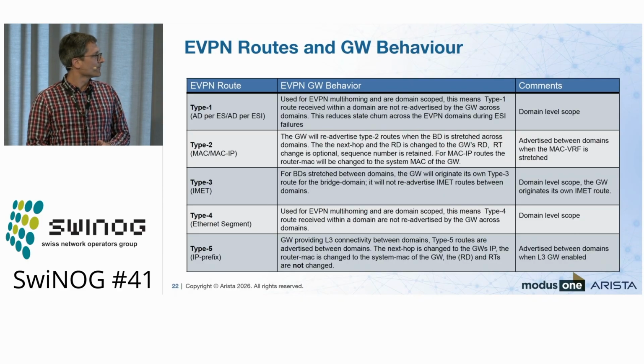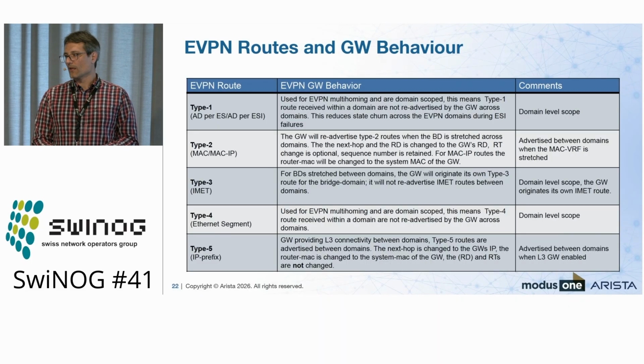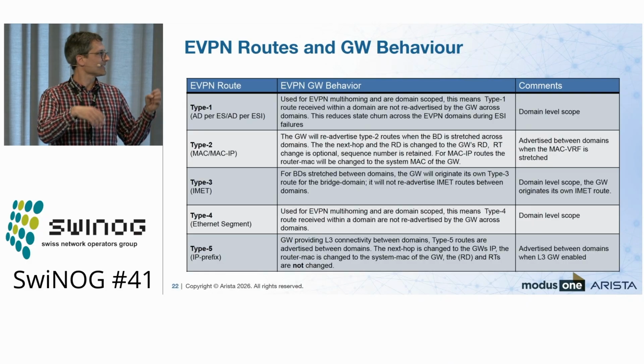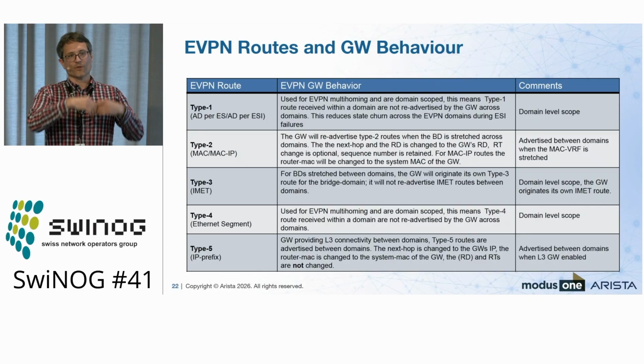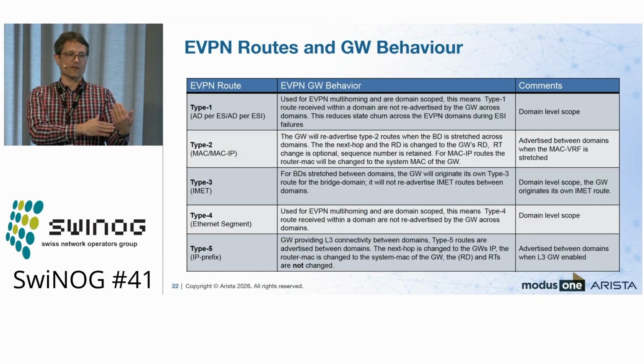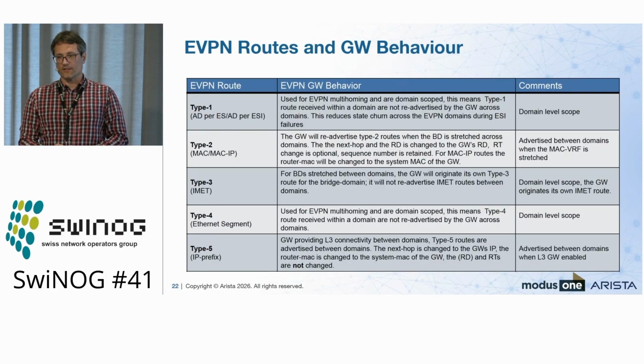And the same is true for the type 5 prefix. And the type 3 routes, we do not let all the local type 3 routes over to the remote data center. It's only the gateway that announces its own type 3 route to the other end.